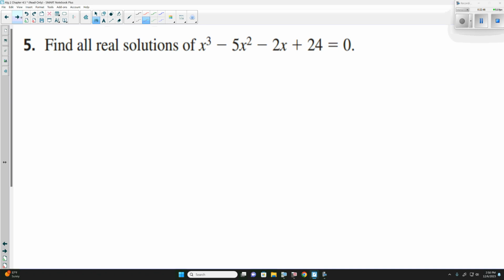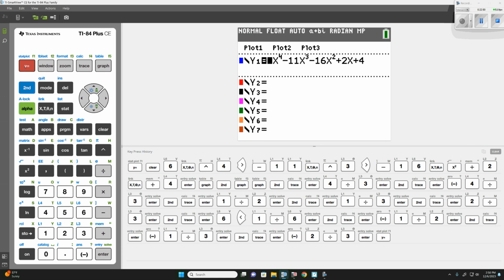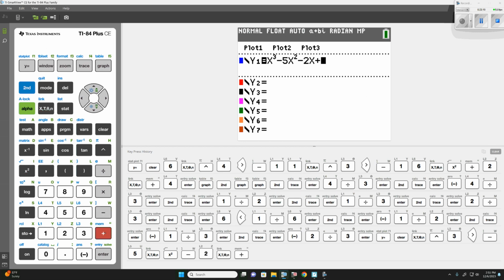X cubed minus 5x squared minus 2x plus 24. X cubed, x squared. It's minus 2x, correct?